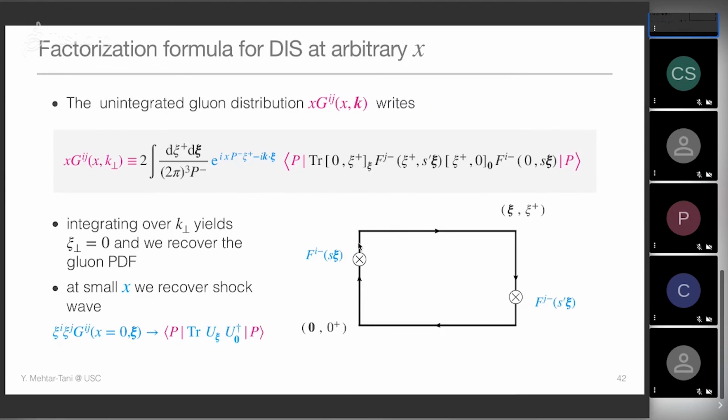So now we have this kind of rectangular shaped gauge structure. So you have again the same gauge links here, the light gauge links, and then you have transverse gauge links, which are connecting two field strength tensors that we need to integrate over.